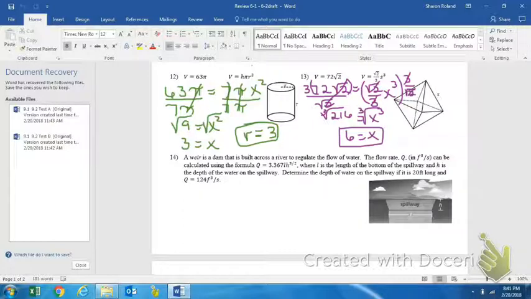So you have these two formulas, and you know it's going to be 124 equals 3.367 times L, which we know to be 20, times the height to the exponent 3 over 2. Okay, so I'm going to divide both sides by 3.367 and 20.